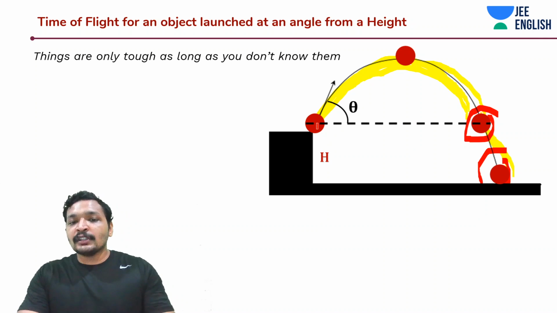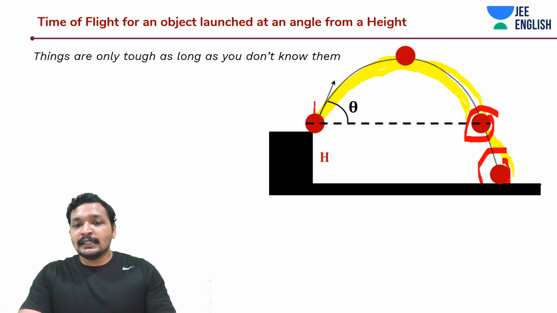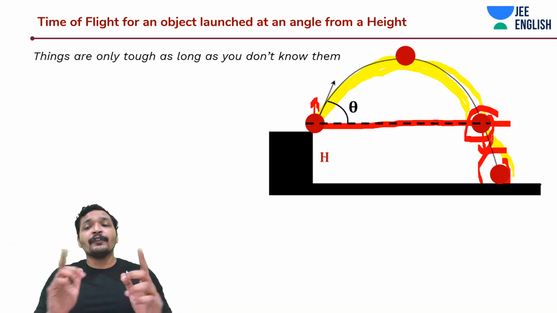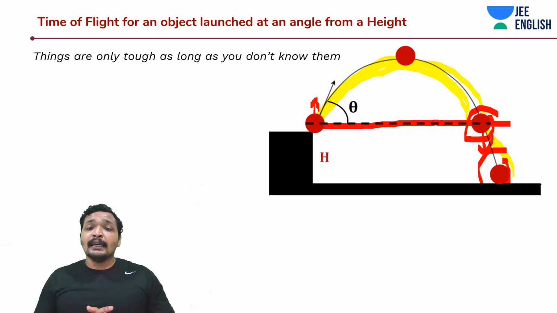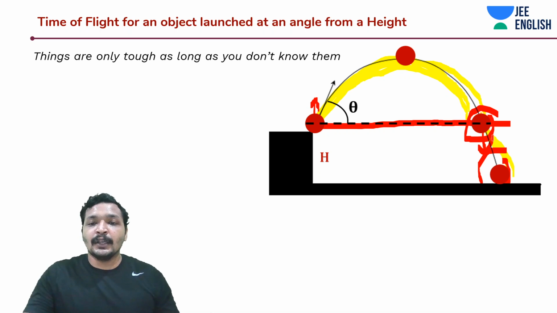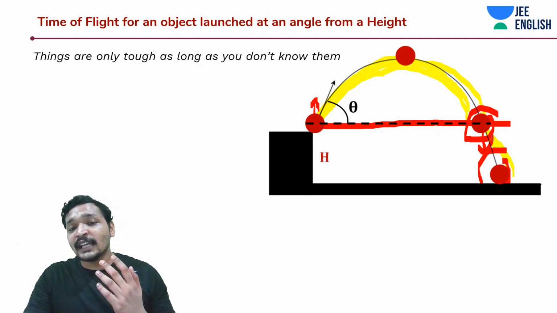The magnitude of velocity along the y-axis at this point, that is the level plane point, again I'm drawing this line to make sure it's a level plane, is going to be the same, but the velocity is in the opposite direction. So it's going to be minus u sine theta.